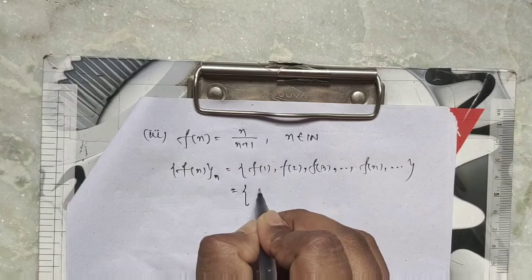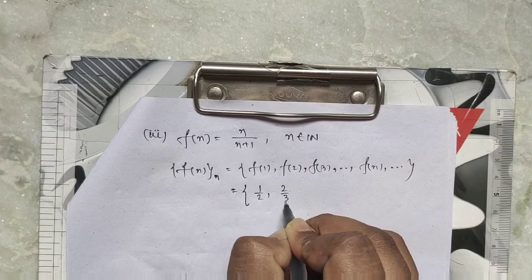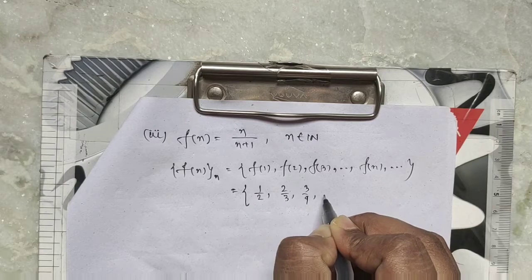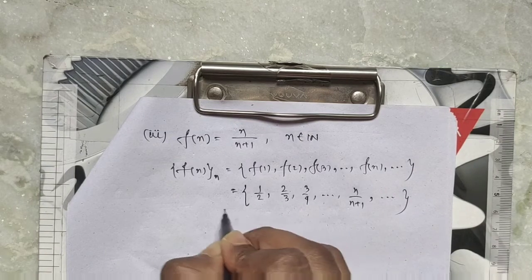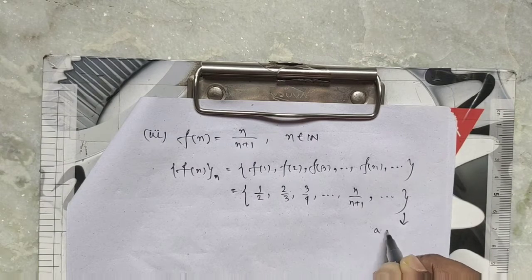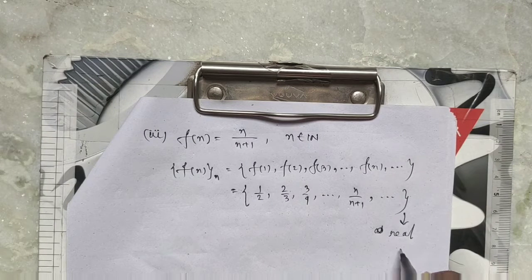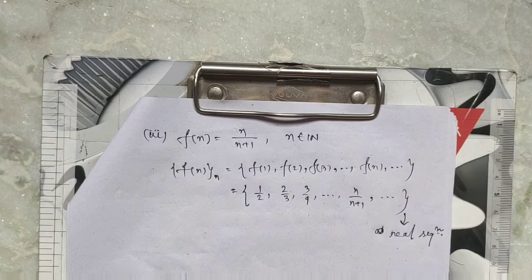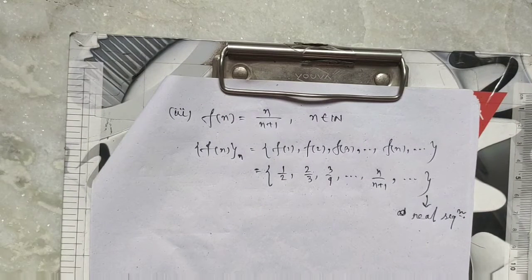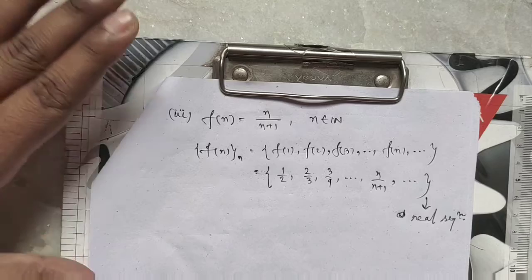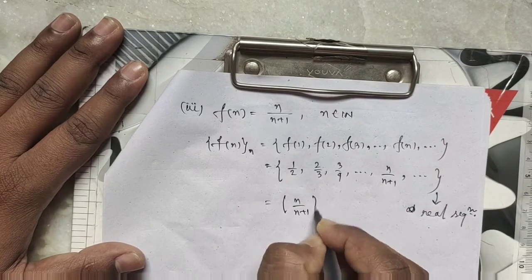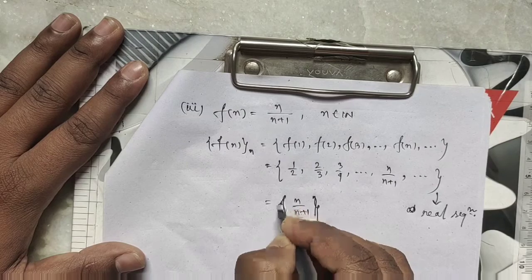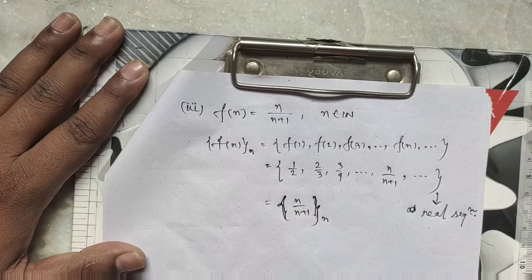So f of 1 is 1 by 1 plus 1, that is half, then 2 by 3, 3 by 4, n by n plus 1. This is also an example of a real sequence. Clear? So these are examples of real sequences. This is also written as n by n plus 1.